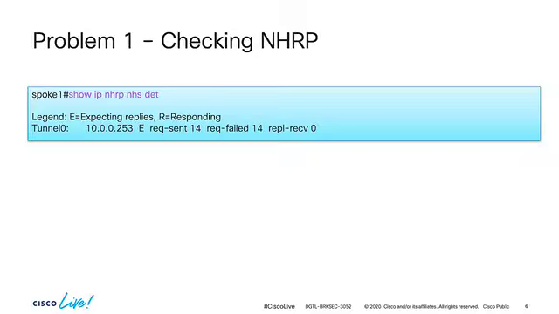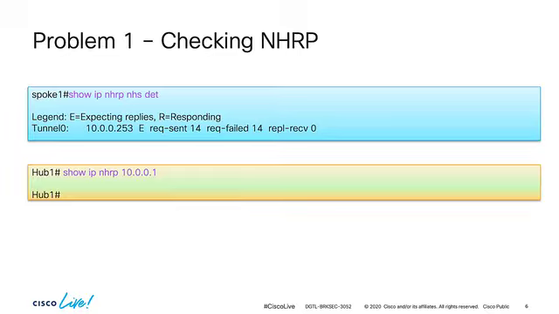What is very interesting is that this mapping on spoke 1 is not getting any responses. You see the state it is in says E, which means it is expecting replies and it's not getting any replies. We see that the requests failed and the replies received is 0. So it looks like a next hop server problem.